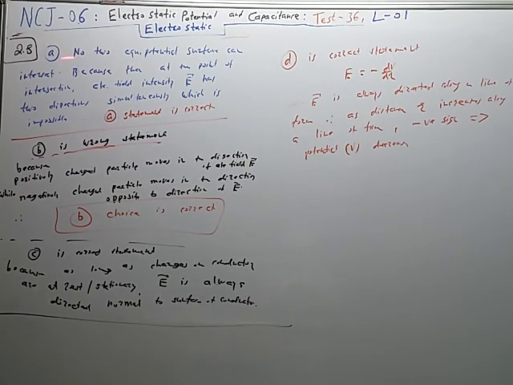So if two equipotential surfaces intersect, then at the point of intersection, the electric field intensity will have two directions simultaneously, which is never possible. We know the property of a real or true vector: it has only one direction at a given point. Therefore, this A statement is correct, but it is a wrong choice.